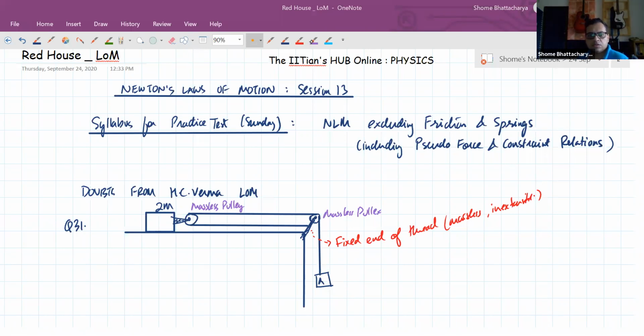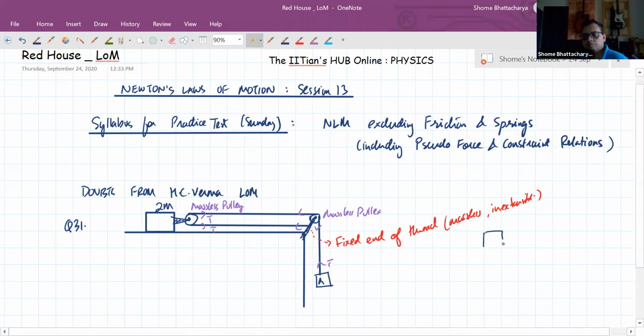So now you can see that on the 2m block there is tension 2T acting, whereas on the block of m there's tension T acting.